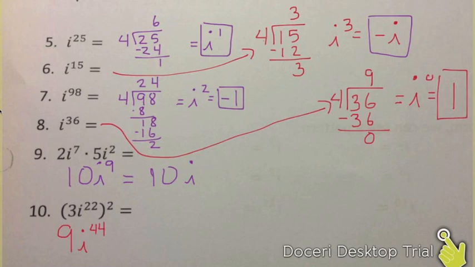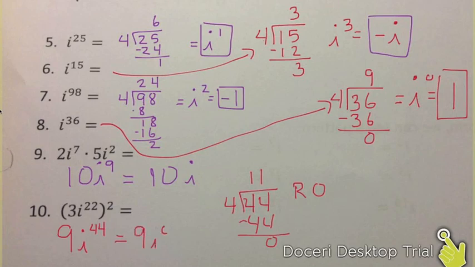And I'm hoping that you notice that 44 divided by 4 is exactly 11 with no remainder. So that means this is going to be 9 times i to the 0 power, which is just 9.